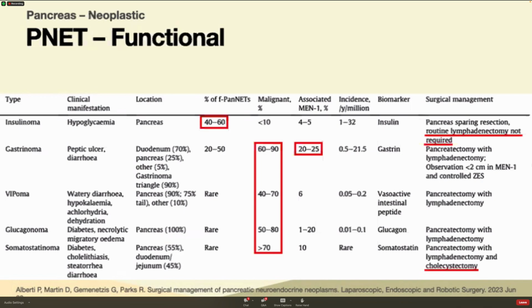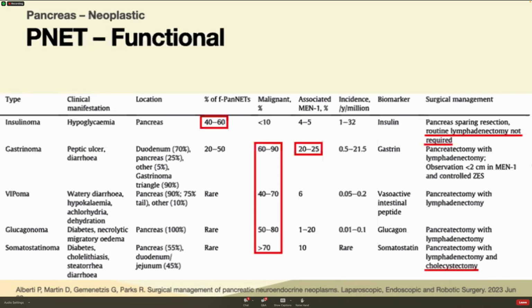Then for the location, just have to remember that gastrinoma usually occurs at the Passaro's triangle, while glucagonoma and VIPoma usually occur at the distal pancreas. For the other information from this table, insulinoma is the most common, but this is usually benign.